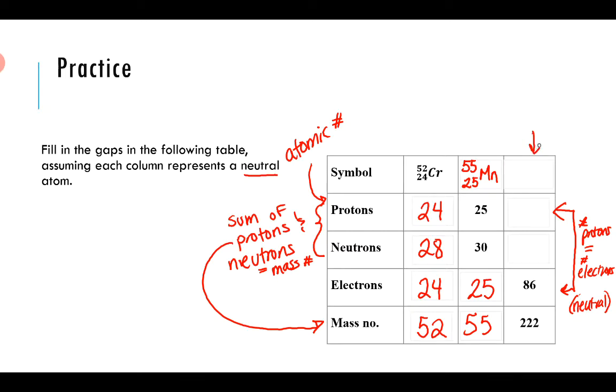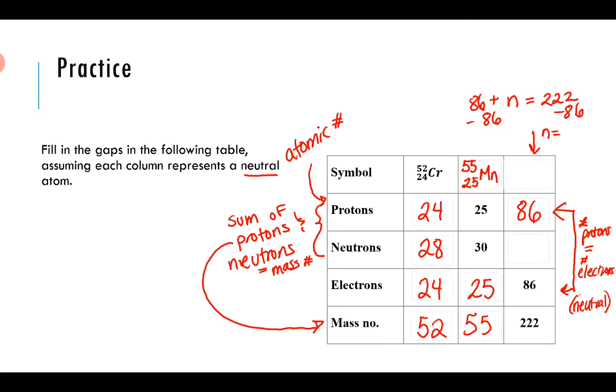Now let's do the third column. The third column tells us the number of electrons, and so we know that must be equal to the number of protons. And then we know that the mass number is 222. And so 222 is equal to the number of protons, which is 86, plus the number of neutrons. Subtract 86 from both sides.